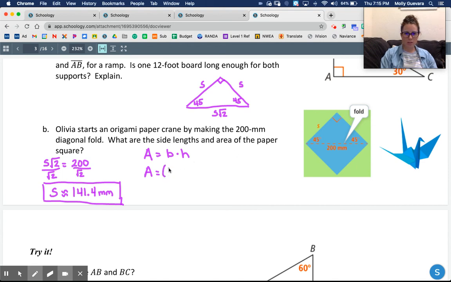So it's just going to be 141.4 times 141.4. And so I get that the area of this square is about 20,000 millimeters squared. And don't forget the squared part, right? When we're talking about area, we have to have this squared.